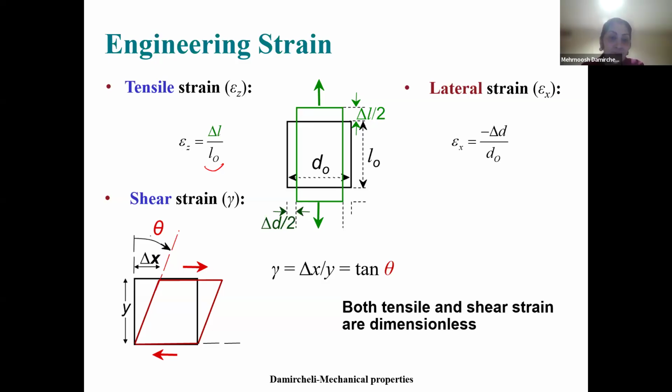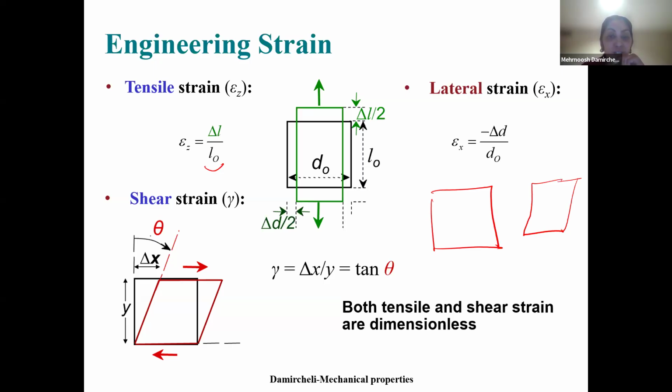And shear strain we show by gamma. What is the difference between shear strain and normal strain? Normal strain relates to the increase of the length, but shear strain is about the change of the angle. For example, consider the sample or cross section in this form before applying any shear stress. After applying shear stress, the angle will be this.